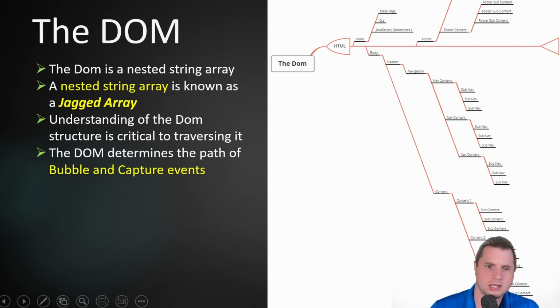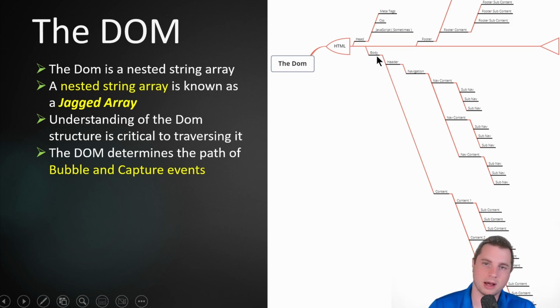So if I bring your attention back over here, here's your HTML tag, your root tag, then you'd have head for metadata, body, and then inside of body, you got header, navigation, nav content, the subnav, the link itself, most of the time. Got some content down here, right? Sub content. This is exactly how the DOM is stored.